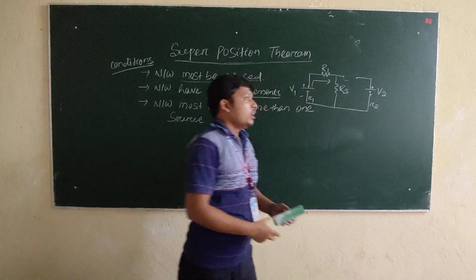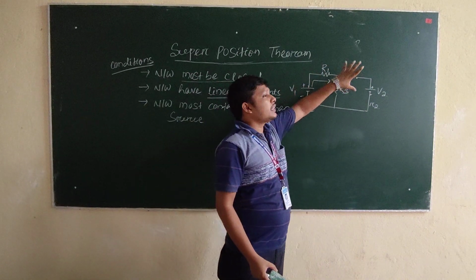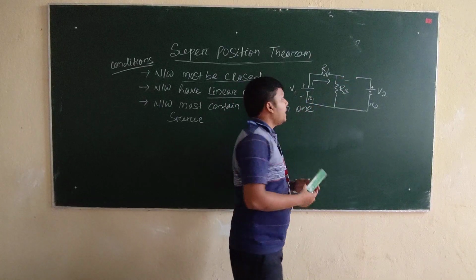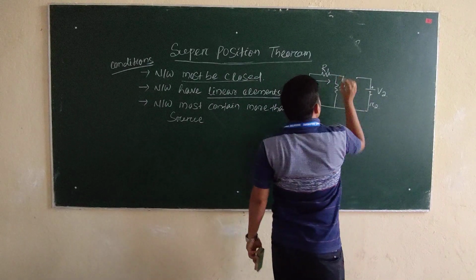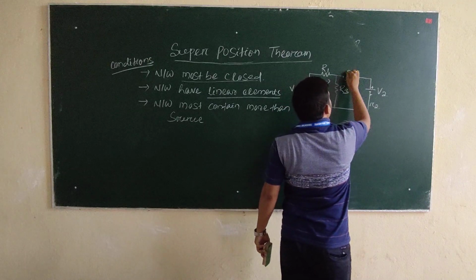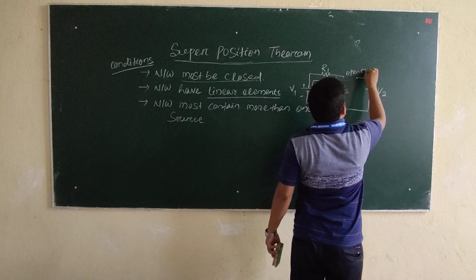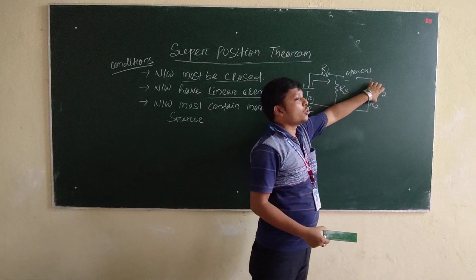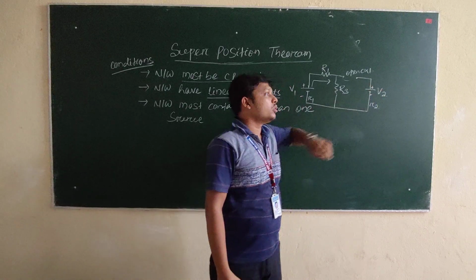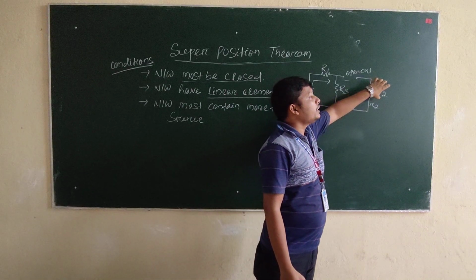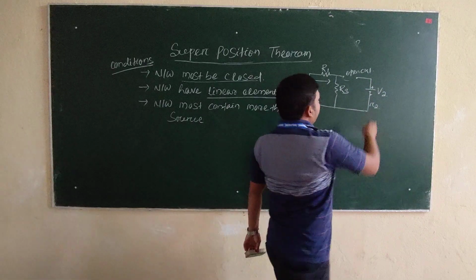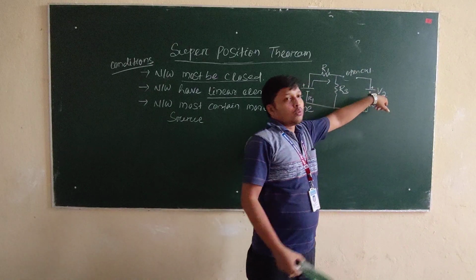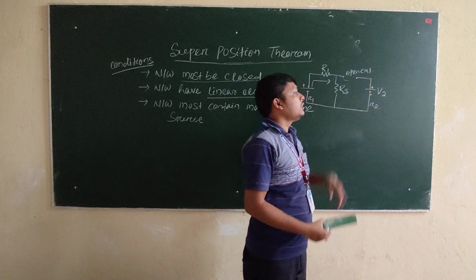If linear elements are taken outside or omitted from a network, then they are replaced as open circuit. If we omit the source, voltage source or current source, then it can be replaced as short circuit.